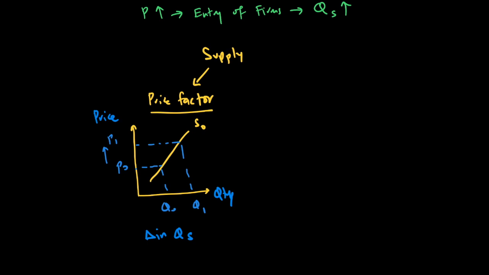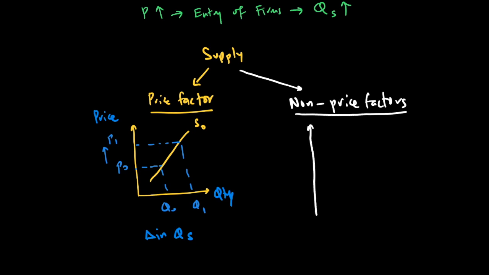Now, there could be other factors which are causing what we call a shift of the supply curve, which we call non-price factors. So the non-price factors are causing a shift of the supply curve. Let's first look at how the shift looks like.